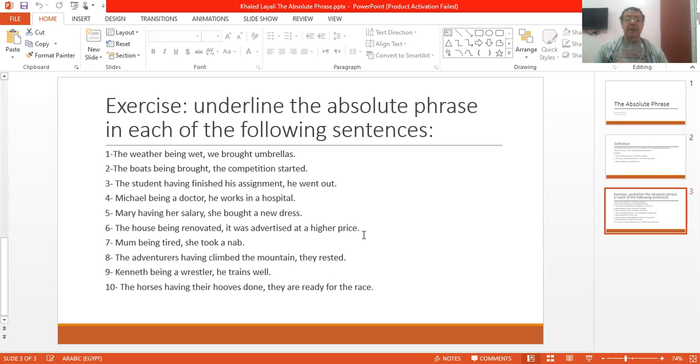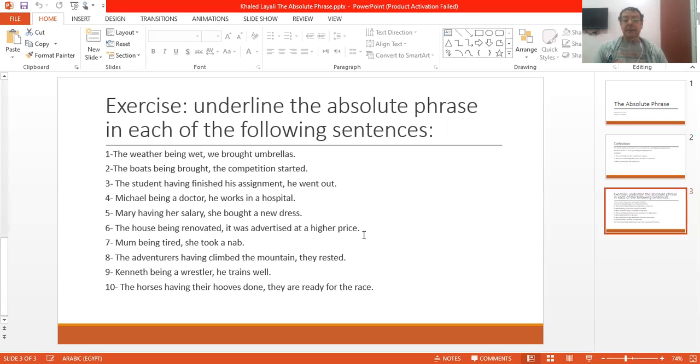Number nine, Kenneth being a wrestler, he trains well. Kenneth is a proper name. We can replace it with he. Being a wrestler is a participial that modifies Kenneth, he. So Kenneth being a wrestler is an absolute phrase.